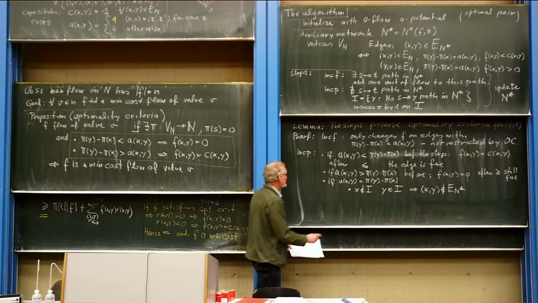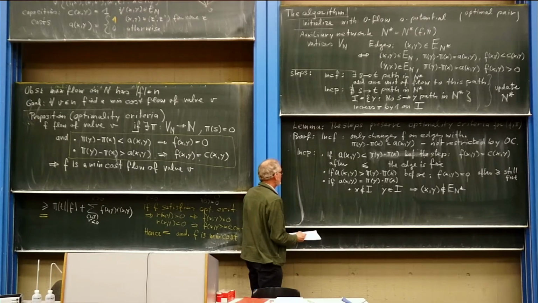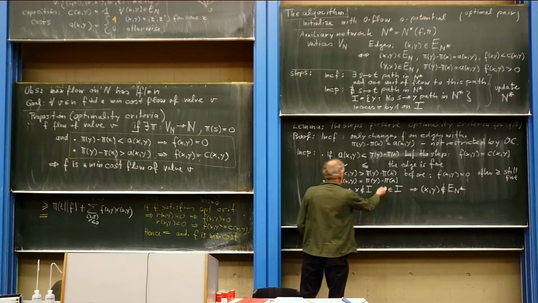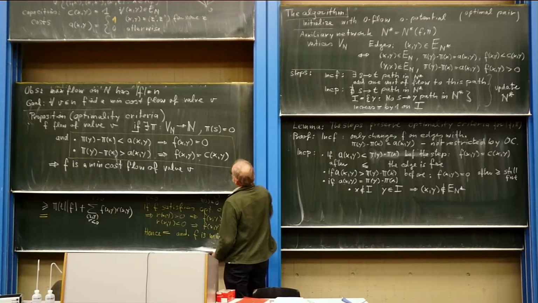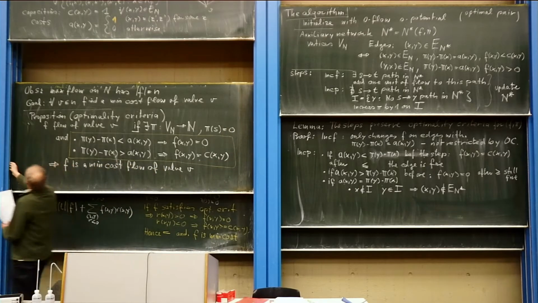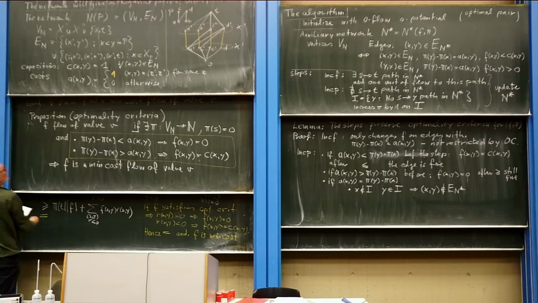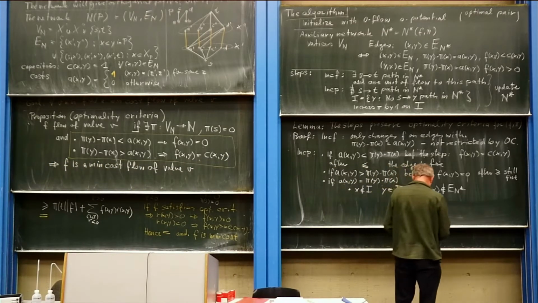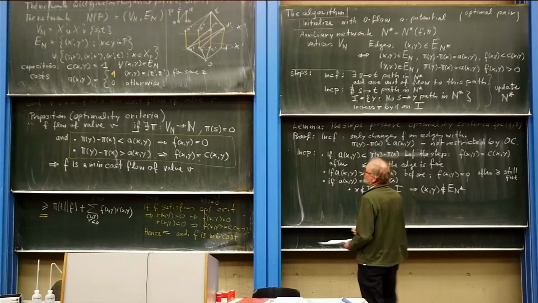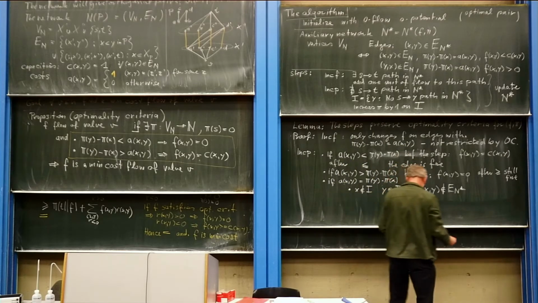And now, because we have this condition, and we are talking about a directed edge, from the definition of the auxiliary network, this one is the one we need to look at.